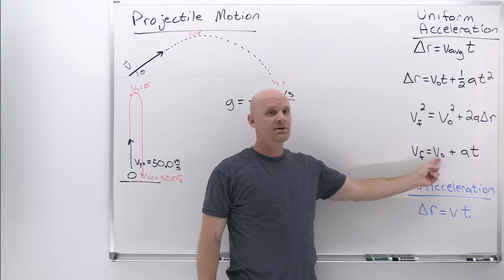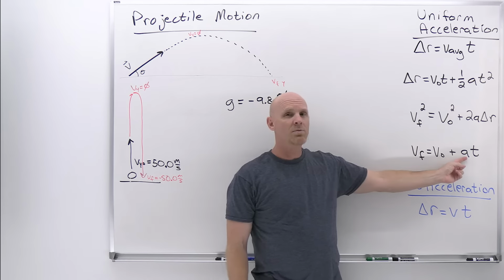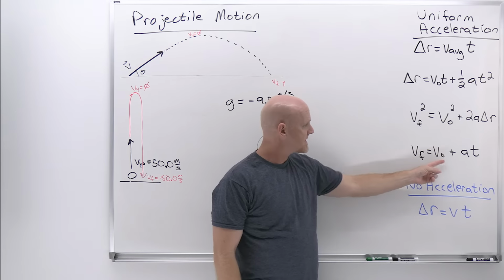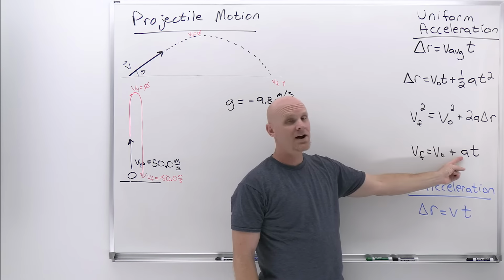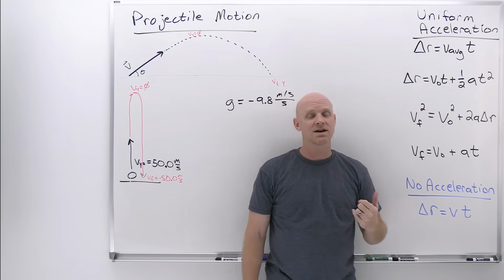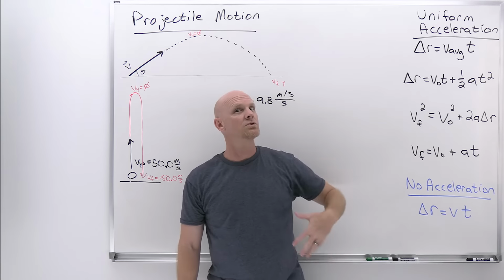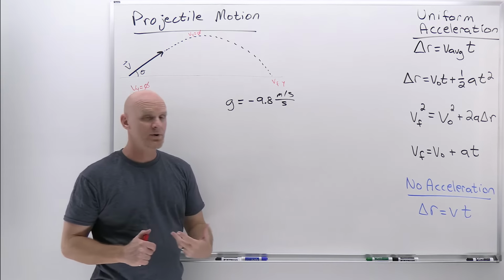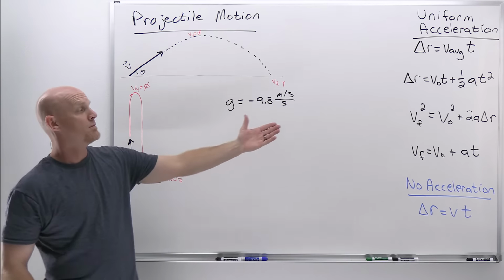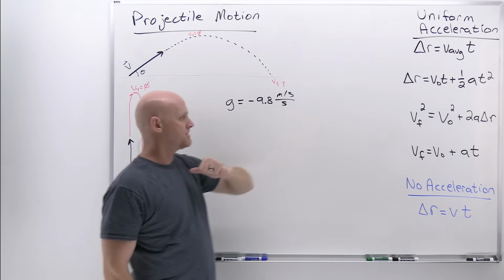The initial velocity was 50 meters per second. Gravity, we were ballparking around 10. And if you realize, take 0 minus the 50, you get negative 50, divided by the negative 10 gets you the 5 seconds. So we're using an equation, but if you don't have to use an equation because you have that intuitive understanding of what acceleration is, so much the better. But at the end of the day, if you want to use the equation, use the equation.